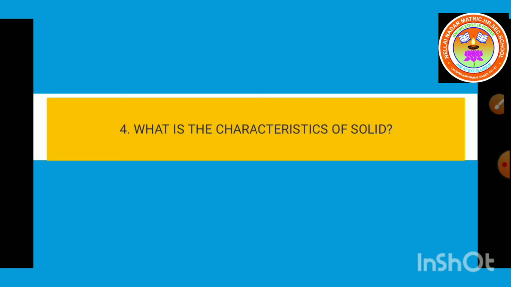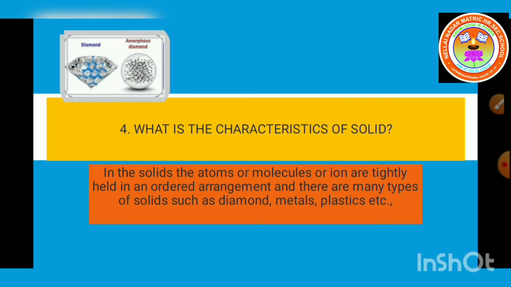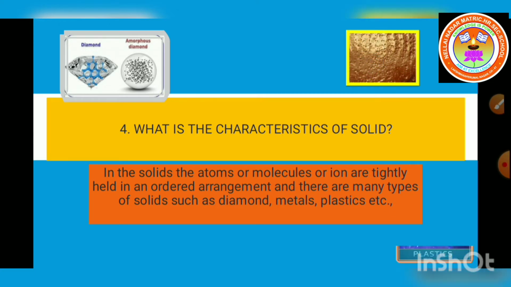Fourth question: what are the characteristics of solids? In solids, the atoms, molecules or ions are tightly held in an ordered arrangement, isn't it? So there are many types of solids. Examples are diamond, metals, and plastics.